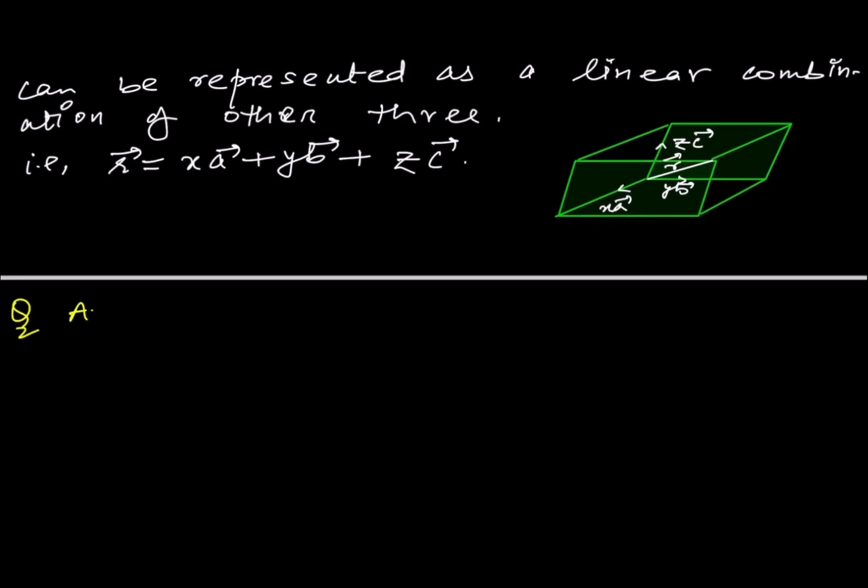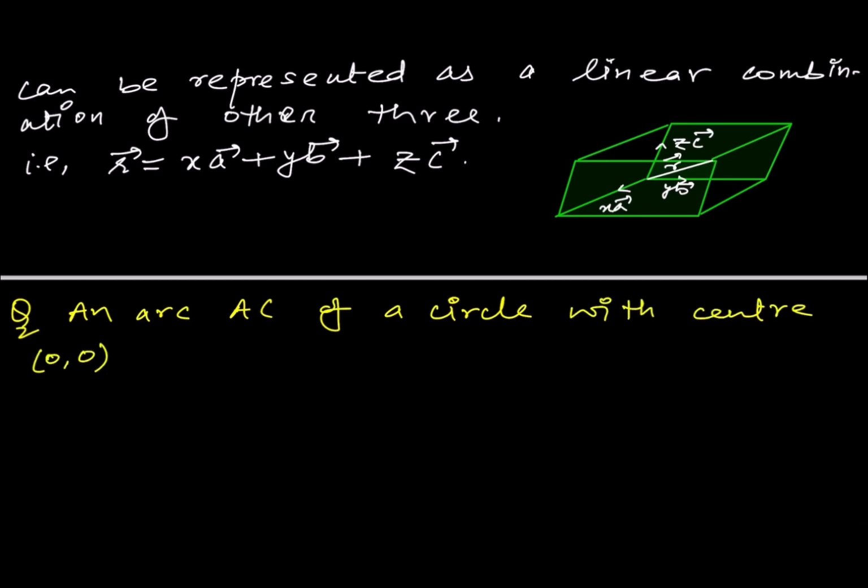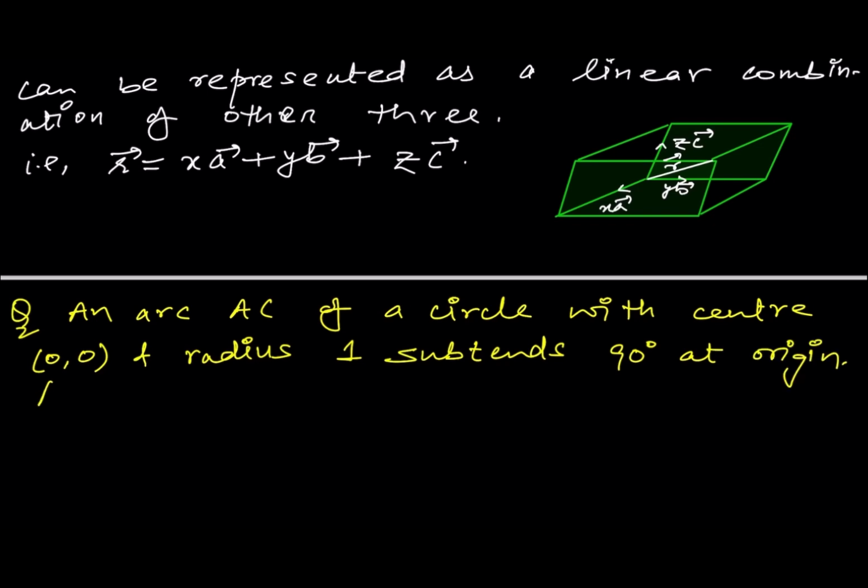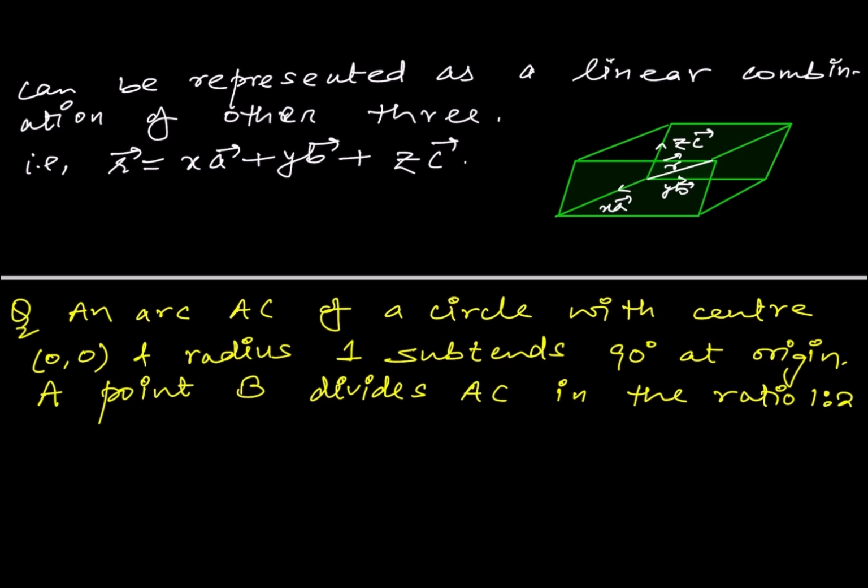An arc AC of a circle with center 0, 0 and radius 1 subtends 90 degree at origin. A point B divides AC in the ratio 1:2, right?